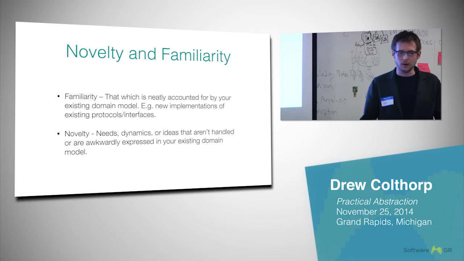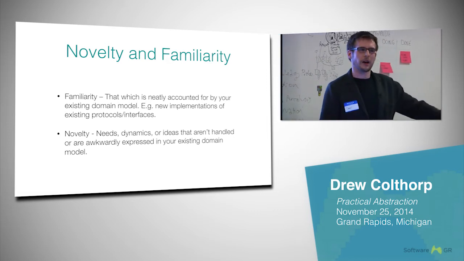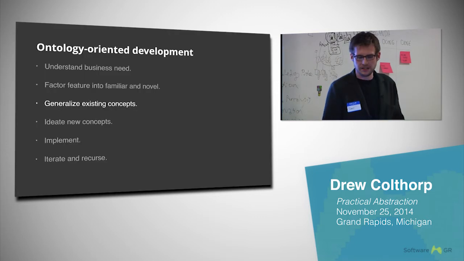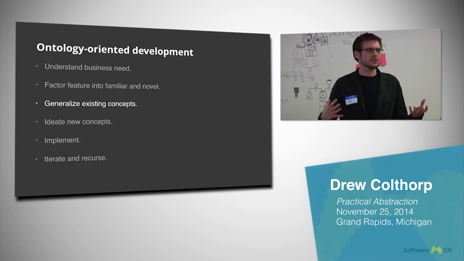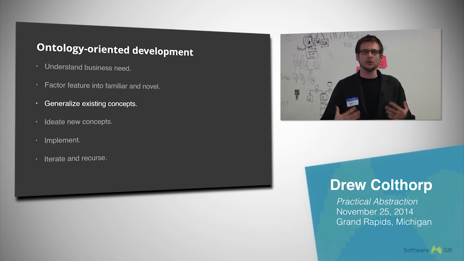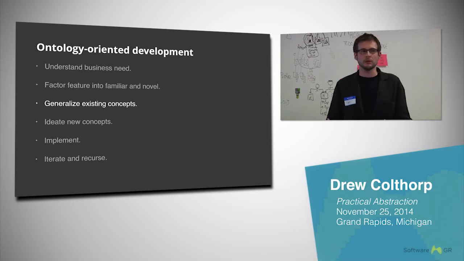So once we understand what it is we're trying to do, and we have an idea for how we're going to account for the familiar aspects, the next step is to figure out how we resolve this novelty. How can we take these new things, and by adding new ideas and by amping up the power of the ideas we already have, resolve them and turn them into things that are familiar?